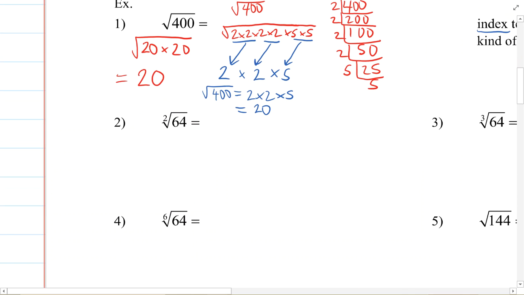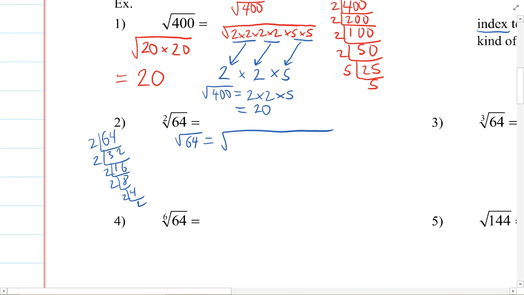So, number 2, we know what the square root of 64 is, okay? But let's break that apart into smaller numbers. So let's just go 64, do our factor ladder divisions. Go ahead, do it. And so that's what we get. So the square root of 64 equals the square root.